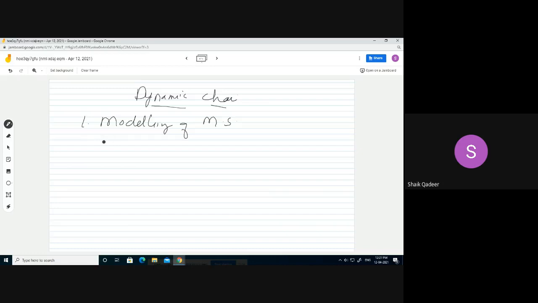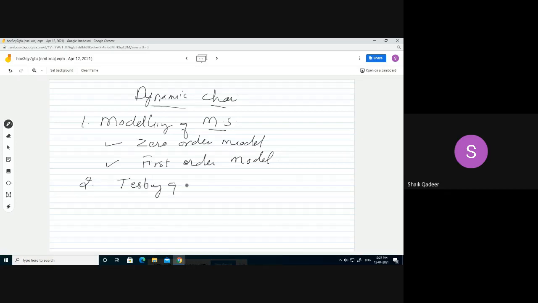Under that, the first thing to cover is the zero order model. Second one, the first order model.